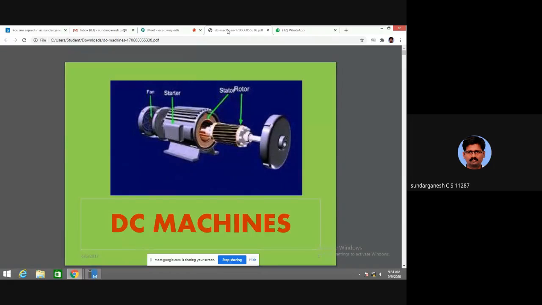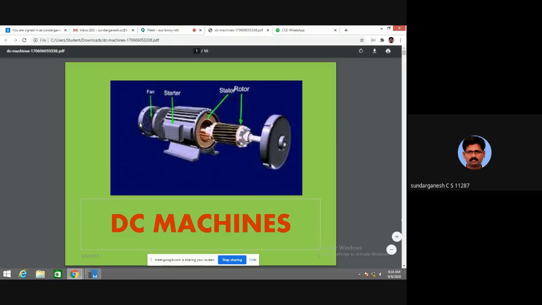So you should understand that DC motor and DC generator are similar construction wise. Depending upon the input you are giving, it will act as a motor or generator. If you give mechanical energy, it will act as a generator. If you give electrical energy, it will act as a motor.